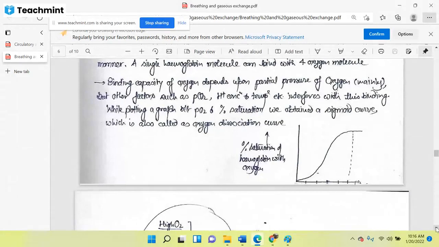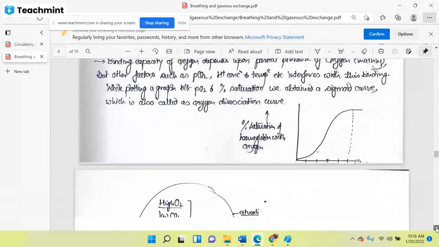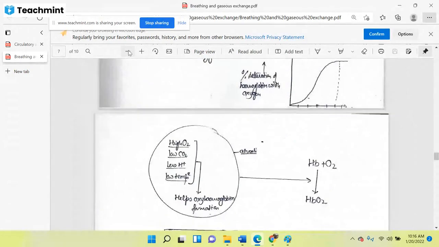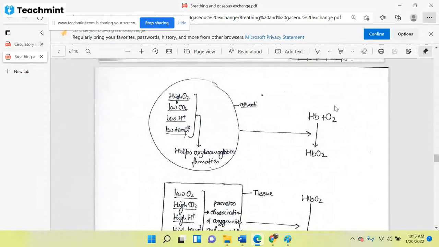Now we'll see the different conditions in different places, and in these different conditions sometimes hemoglobin allows the binding of oxygen. You just see in alveoli, the hemoglobin captures or binds oxygen, and it transports the oxygen, and it reaches the different tissues or the cells and releases it.